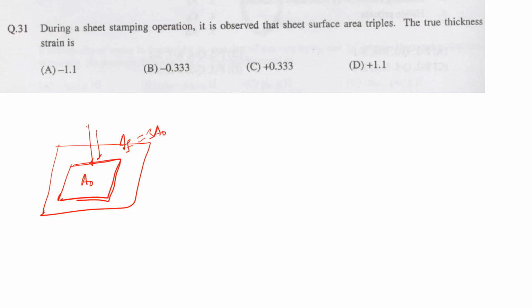Okay, so the true thickness strain, so we need to measure the thickness strain. Okay, so thickness strain epsilon T we understand, and it is telling you true, so true we measure by ln LF by LI, or ln TF by TI, final thickness by initial thickness.